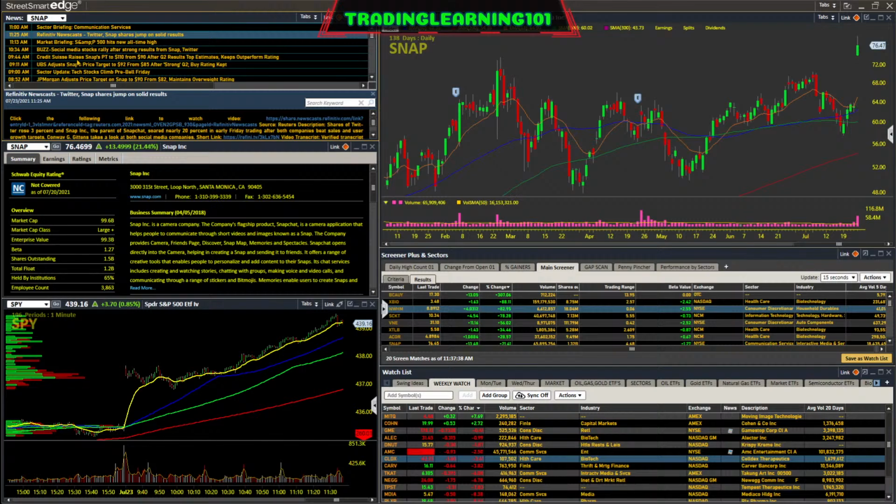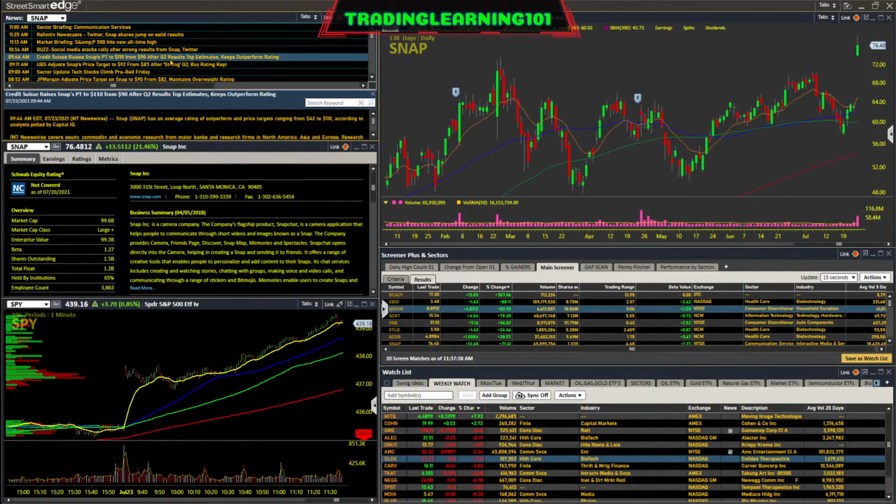Reddit raises Snap's price target to 110 from 90. After quarter 2 results, top estimates keeps outperforming rating. So we have a few analysts raising the price target on Snapchat, and they also put out good earnings. That's 2 good things that are happening with Snapchat.